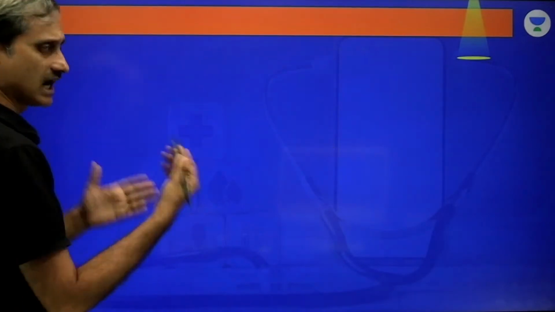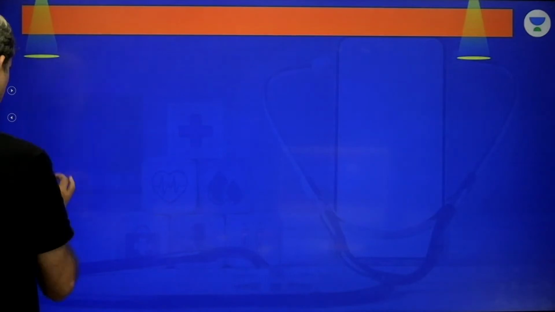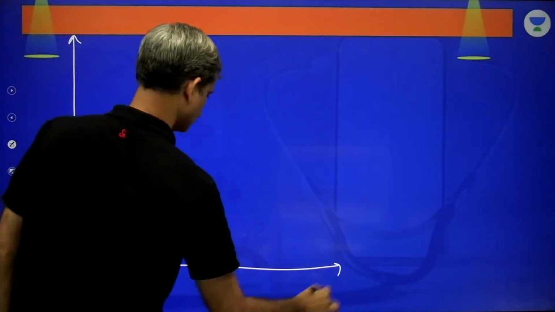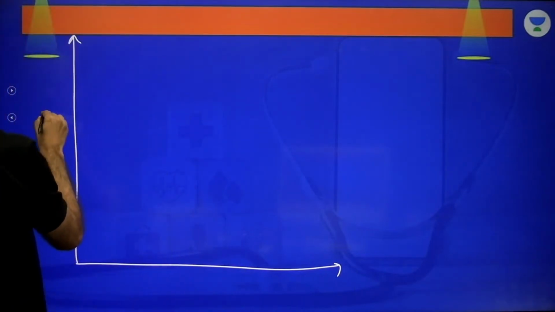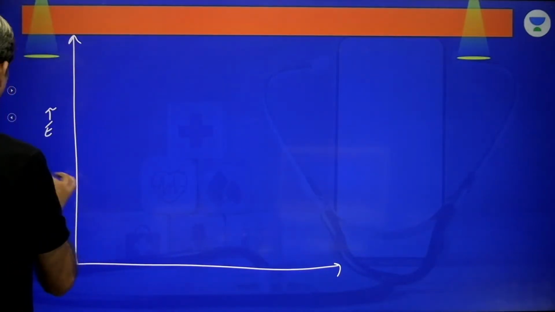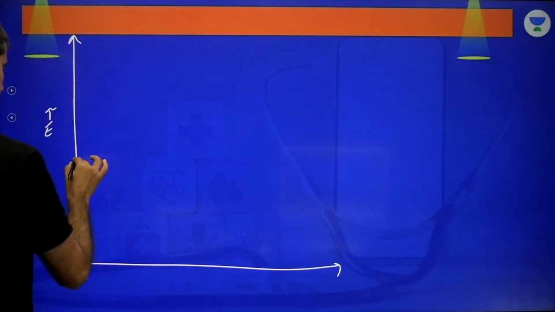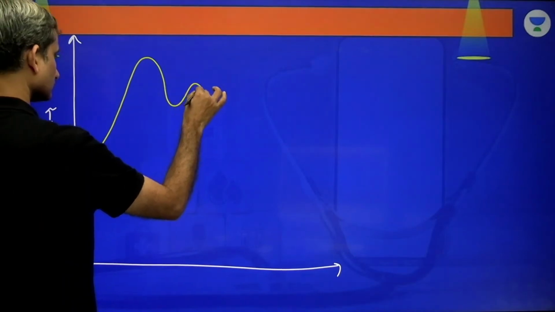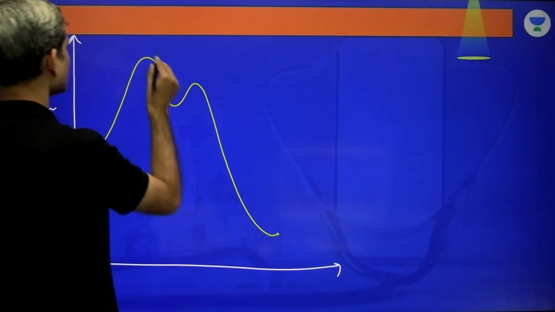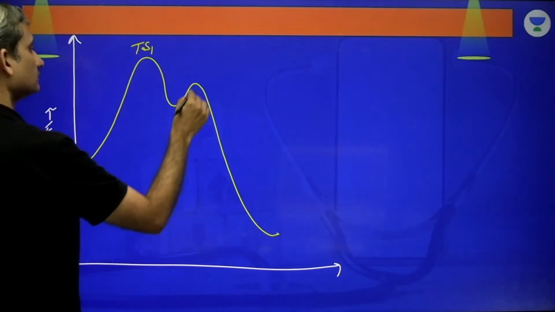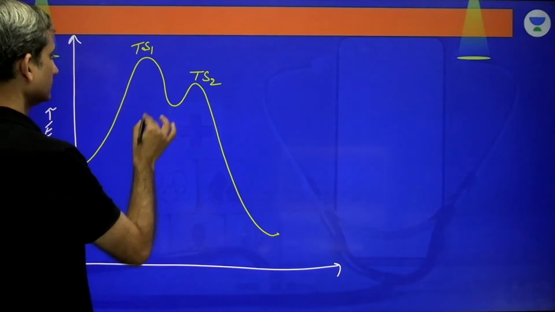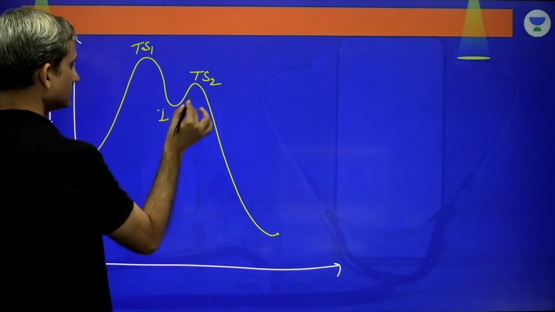If we talk about the graph of this particular reaction, the graph of this reaction goes like this. This is TS1, this is TS2, and this is the intermediate.